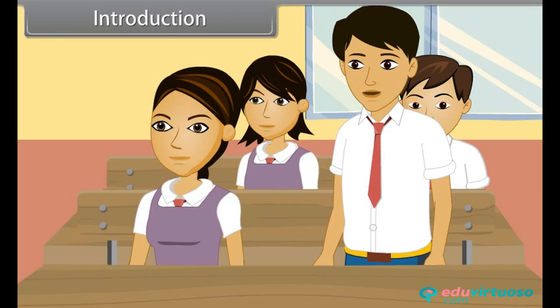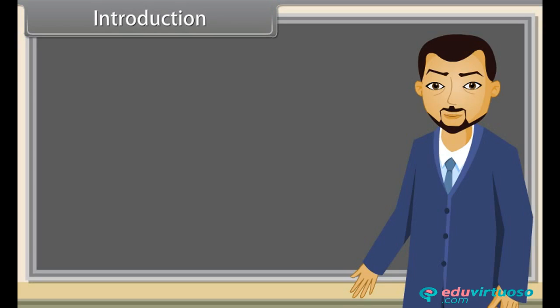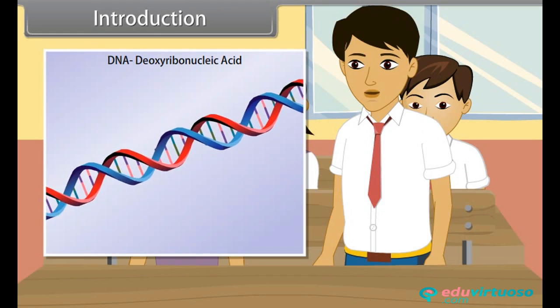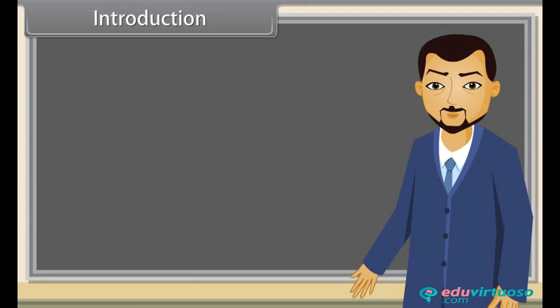Sir, it includes formation of artificial DNA. Well said. Does anybody know what DNA stands for? Sir, DNA stands for deoxyribonucleic acid. Well said, Mukesh. In this lesson, you will learn principles and processes of biotechnology.